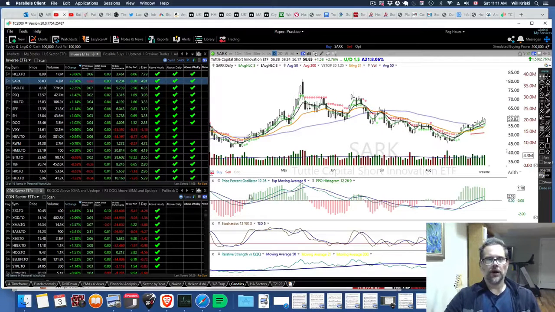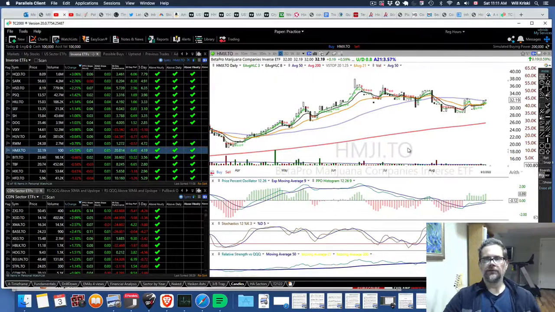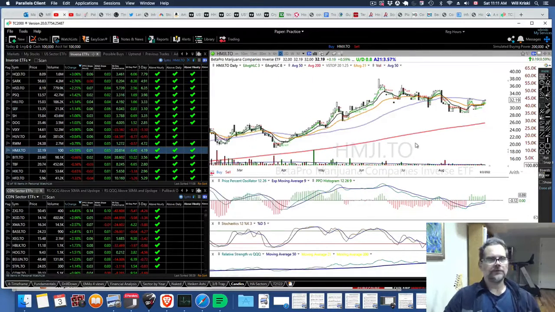So not until you start sloping up. If you want to be more cautious, you want to see this upward 9 exponential moving average of the price percent oscillator. That is where good entry points are. In Canada, there's this cannabis inverse. The volume's not great. The other thing that you could look at is interest rates.